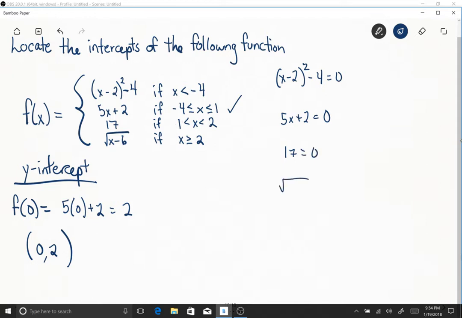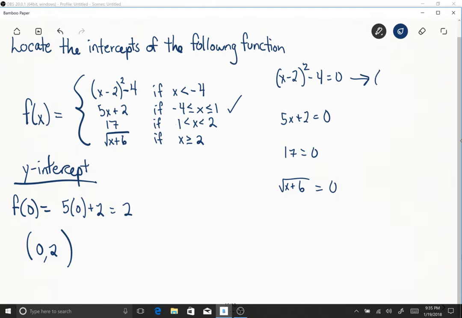And then I'll do the square root of x plus 6. I wanted that to be defined, so that's why I changed it to a plus 6. Sorry about that. So make sure you see the square root of x plus 6 rather than minus 6 equals 0. So now we solve each one.